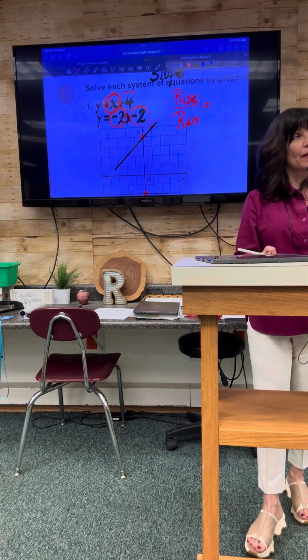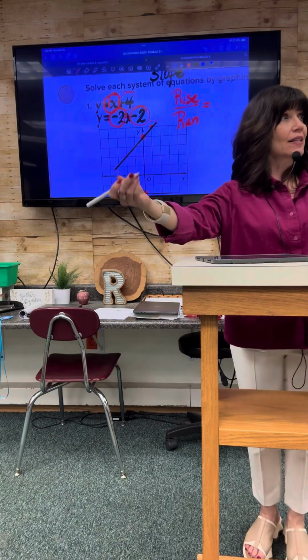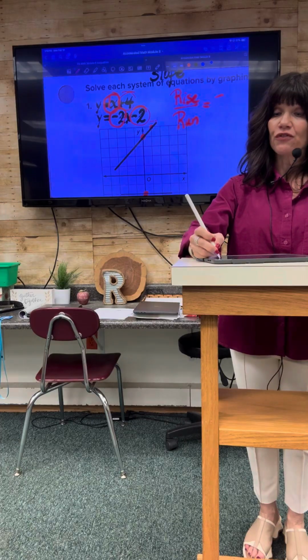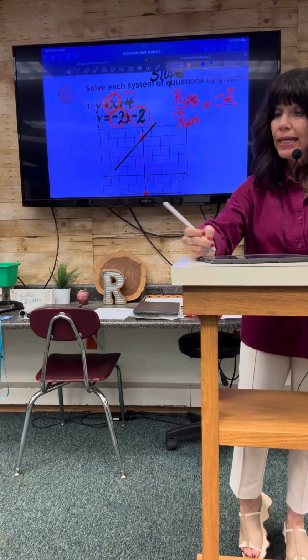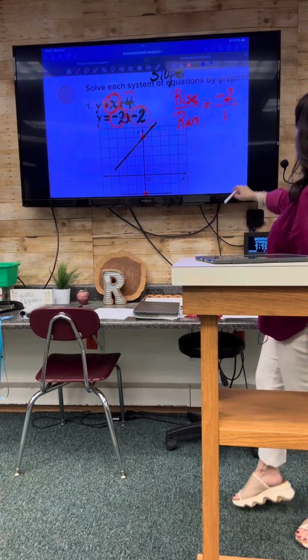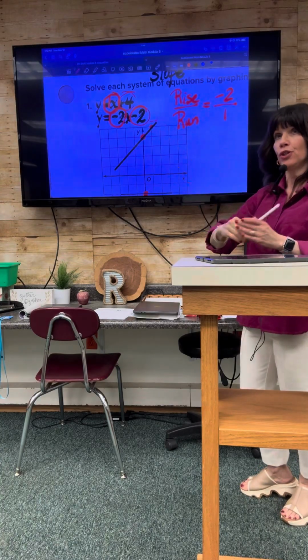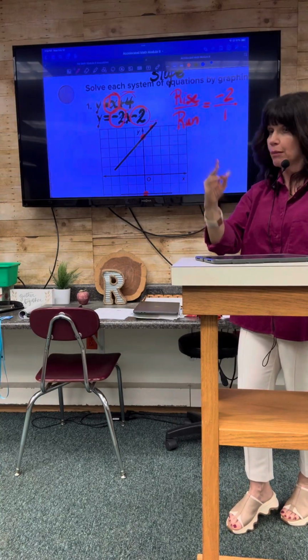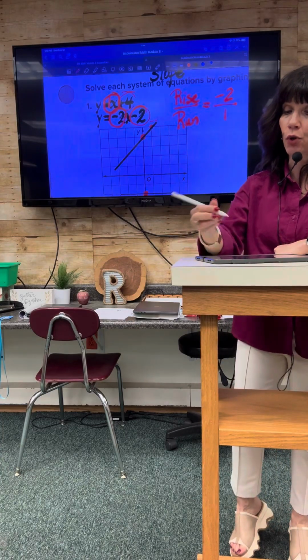I could say -2 over top of a 1. If you ever see a negative whole number, you can either put a negative in front of the numerator or the denominator, but not both. You can slide it wherever you like, but not both. So rise over run is going to be -2 over 1.